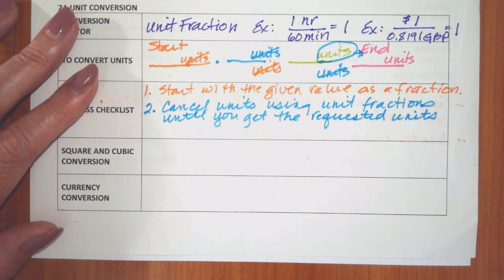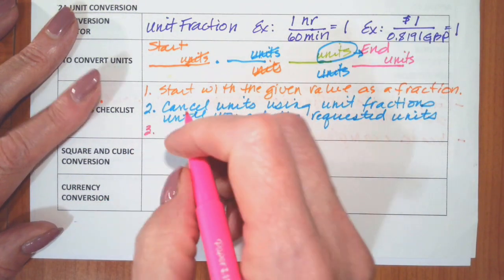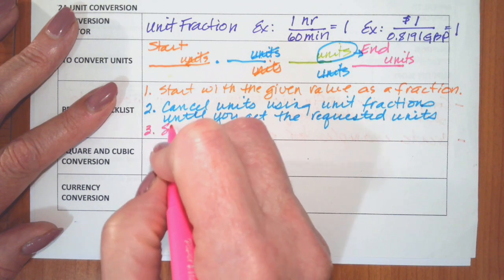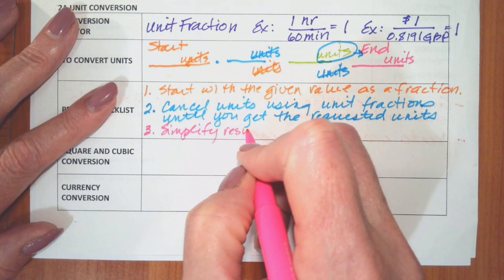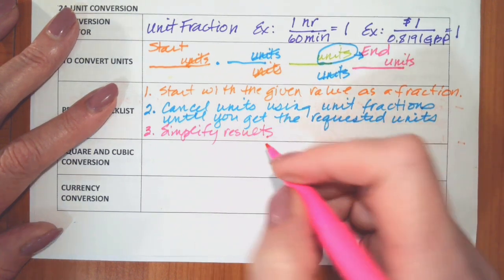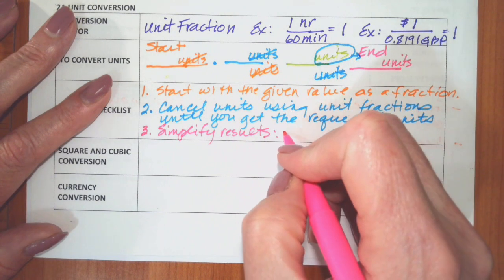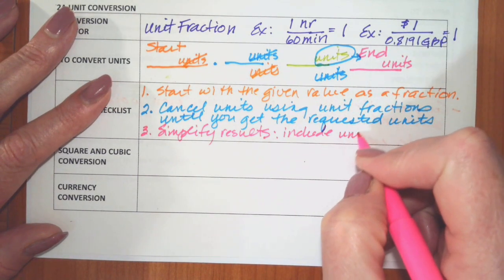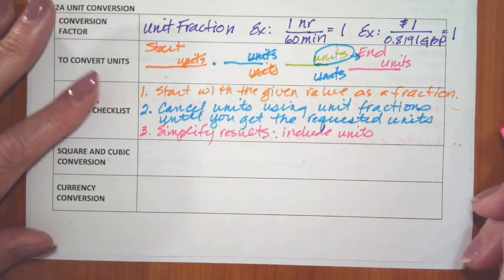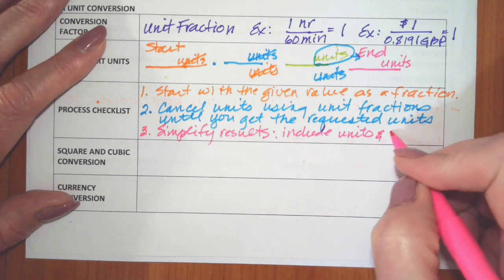And again, it may be once, it may be twice. And then you want to simplify your results. Mathematically, you're going to do that on your calculator. And you are going to make sure you include the units, because that's kind of the whole point of it. And you want to check your rounding.